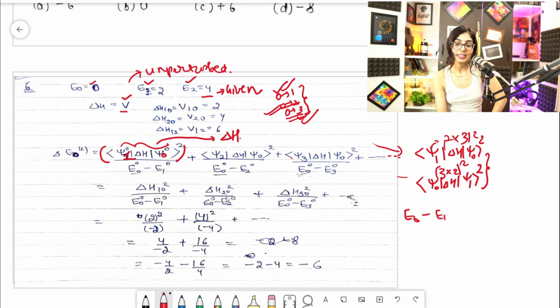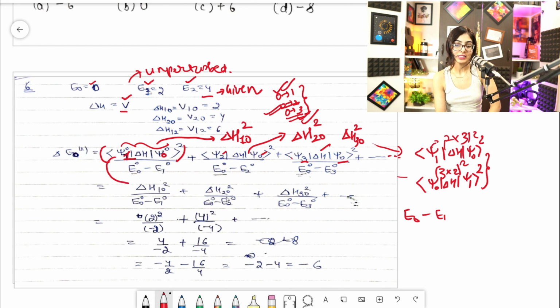So write del h 1 0 square. Square is there, don't forget to put square. For the next one I will write del h 2 0 square, and for the third, del h 3 0 square. So that's what I have replaced it with.